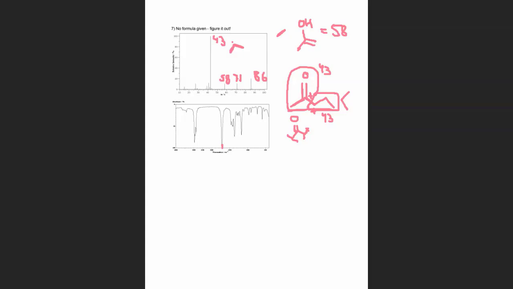Yeah. For McLafferty rearrangement, where do you cleave? The fast way to do McLafferty, which I would say, is to cleave between the alpha and the beta. And so if this is our molecule, this is the alpha, and this is the beta, right?